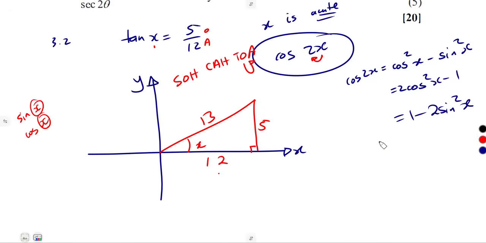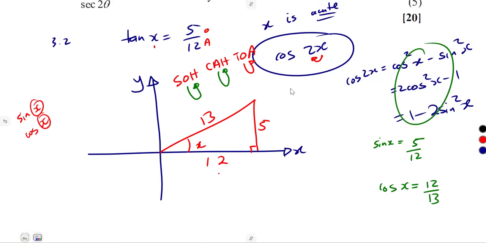The sine of x can be determined as opposite over hypotenuse, 5 over 13. The cos of x can also be determined as adjacent over the hypotenuse, 12 over 13. So any one of these identities can be used. It's a choice.